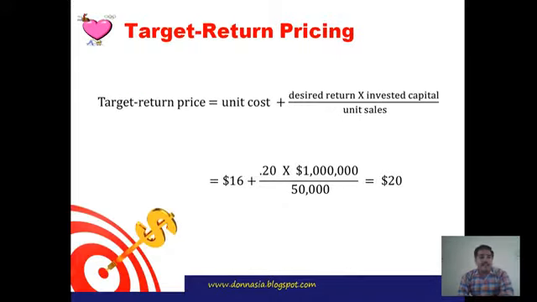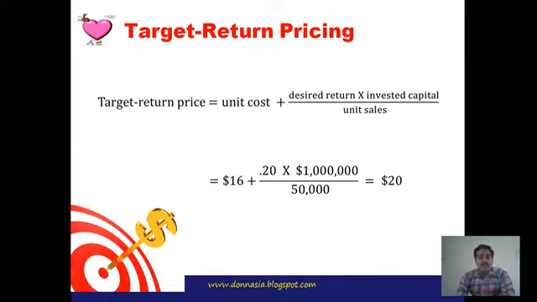Then the next method is target return pricing. Target return price is equal to unit cost plus desired return multiplied by invested capital upon unit sales. We continue with the same example, and here also the unit cost is $16 plus desired return of 20%, so it is 0.20 multiplied by invested capital. It includes the fixed cost plus variable cost.